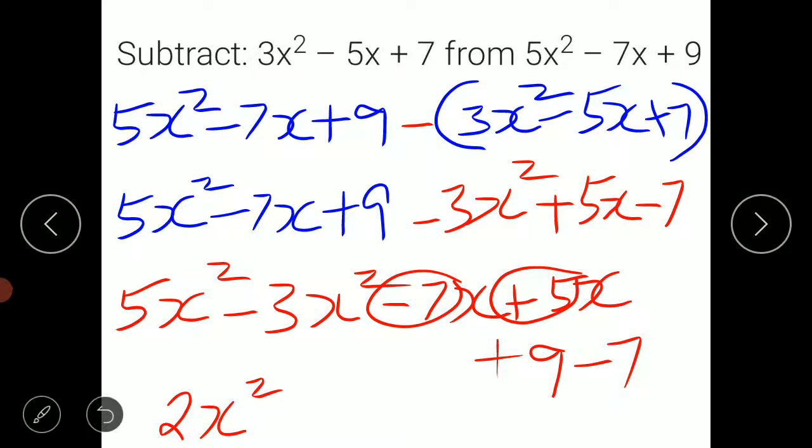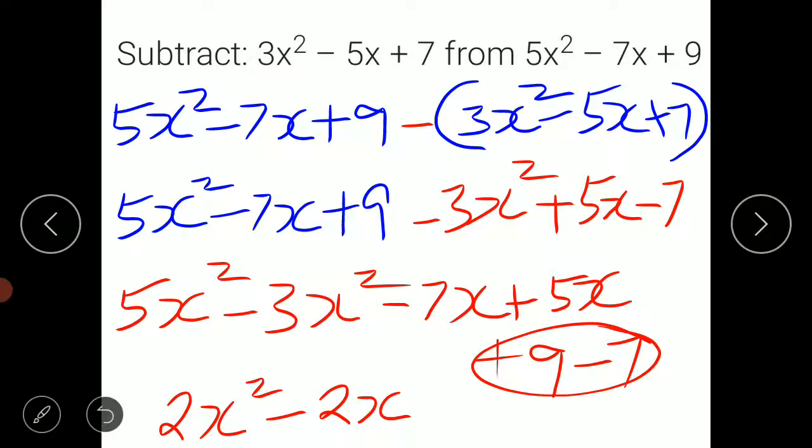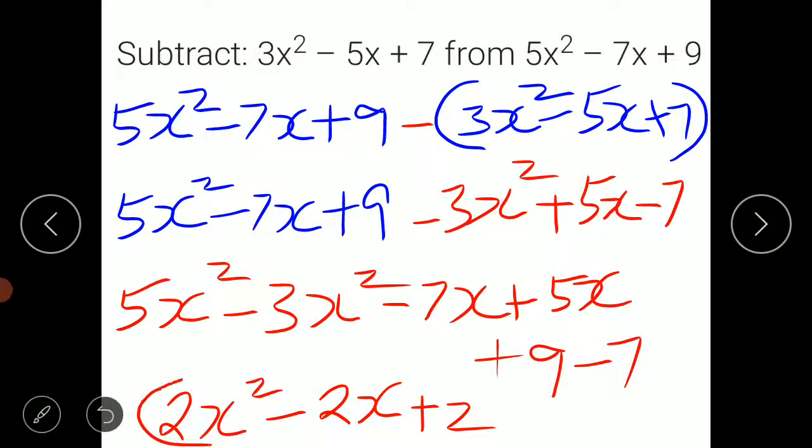Unlike signs, subtract, greater number sign. 7 minus 5, 2, and the greater number has minus. So minus 2x. Then the last group: unlike signs again, subtract 9 minus 7, and the greater number has positive, so plus 2. So this is the answer: 2x square minus 2x plus 2.